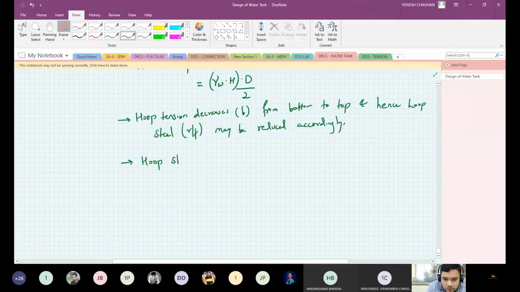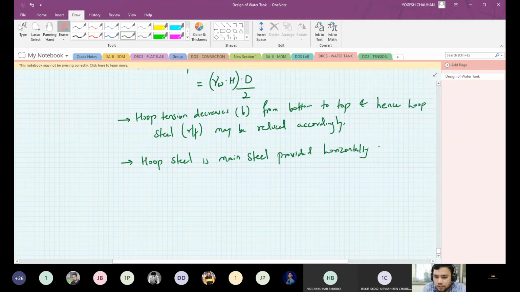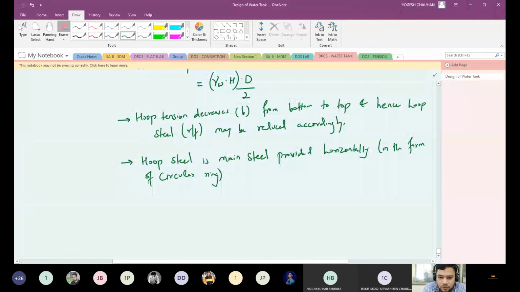The hoop steel is the main steel provided horizontally in the form of a circular ring, or in circular shape we can say.